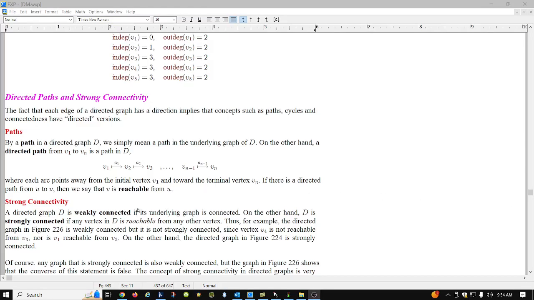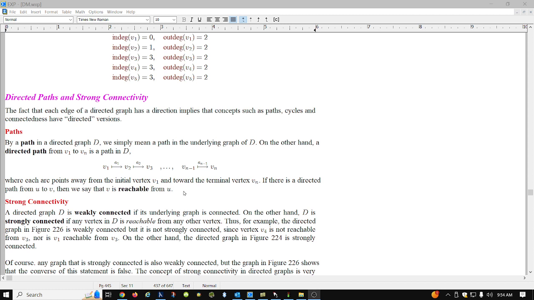As to connectivity, a directed graph D is weakly connected if its underlying graph is connected. On the other hand, D is strongly connected if any vertex in D is reachable from any other vertex.